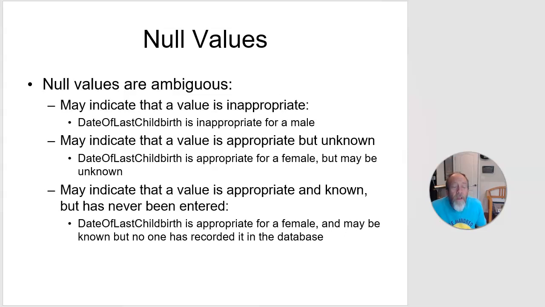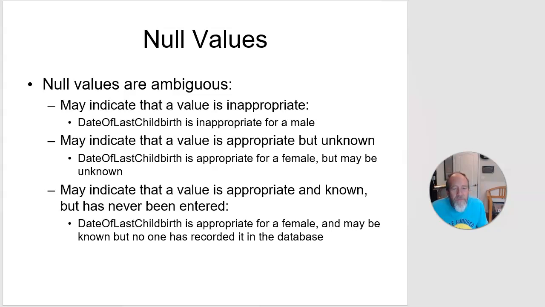It's inappropriate. It just doesn't exist because it makes no sense. It would be appropriate for a female in a database, but it may be null because we don't know what that date was, which is different from it being inappropriate. So null now takes on two meanings, not one, but two.